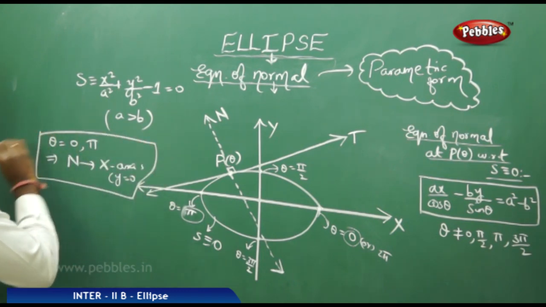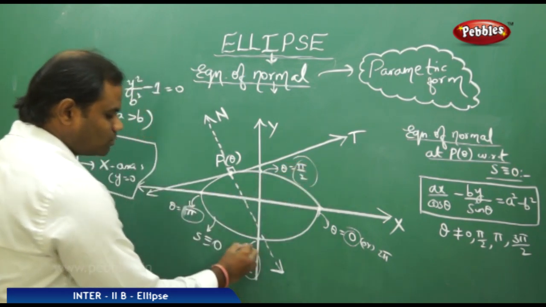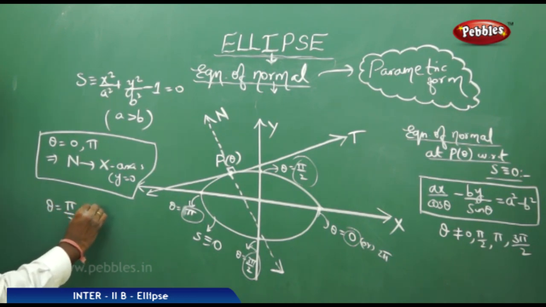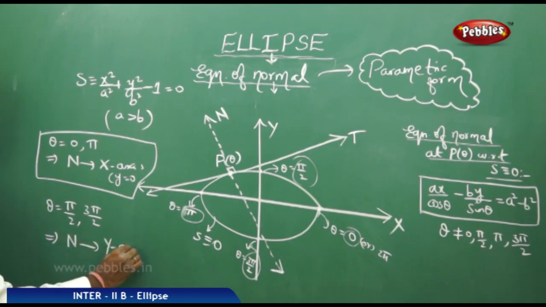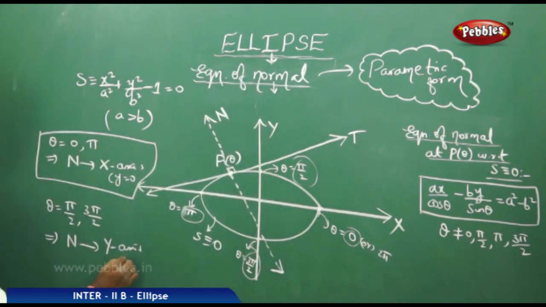And when theta is pi by 2 or 3 pi by 2, the normal is the y-axis, as can be clearly seen here, and that is x equals 0.